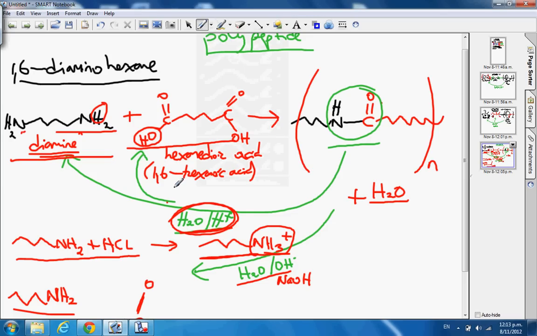Apart from using a dicarboxylic acid, you could use a diacyl chloride here as the monomer. Now this diacyl chloride would therefore have chlorine instead of OH there, and chlorine instead of OH there. And because you're eliminating Cl and hydrogen, what you're going to get is HCl instead of H2O as your elimination.